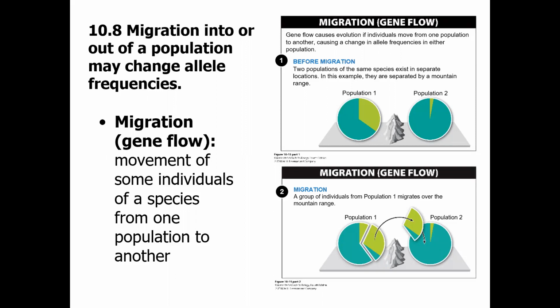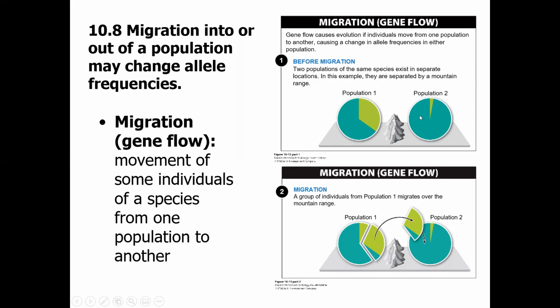In your book is this example on the right with gene flow, where you have two populations of the same species separated by a mountain range. And we have a different amount of genetic variation. For one gene, the turquoise, we have a certain amount, and we have a lot more of the pukey green gene.